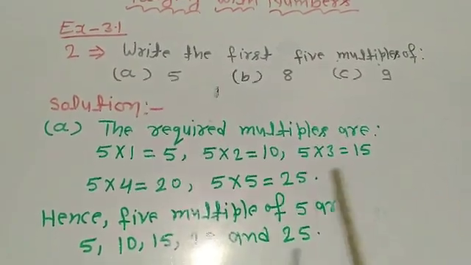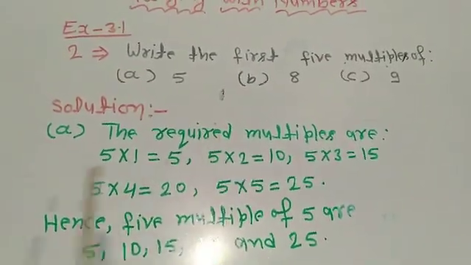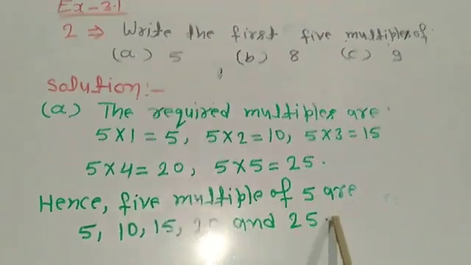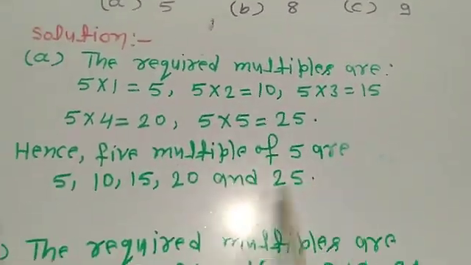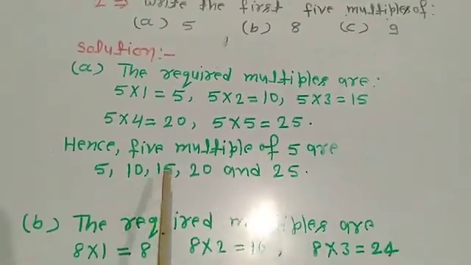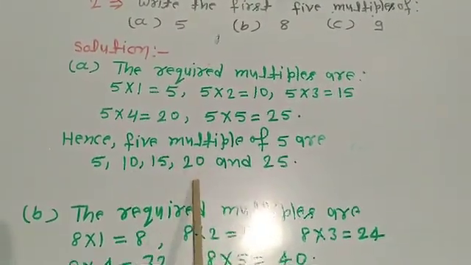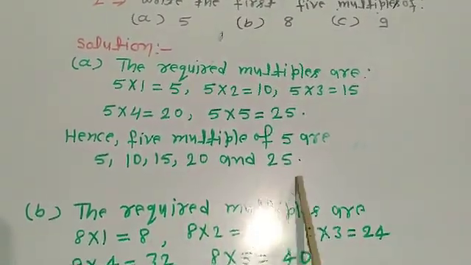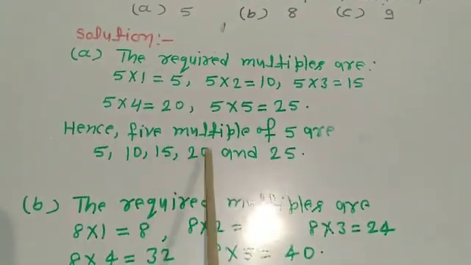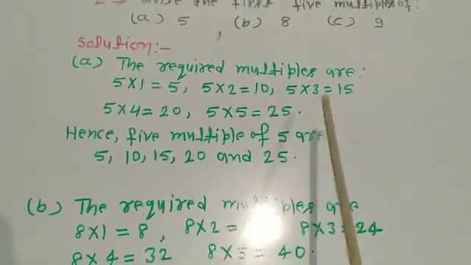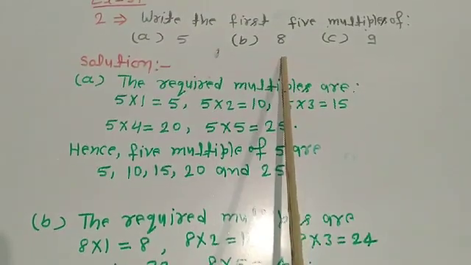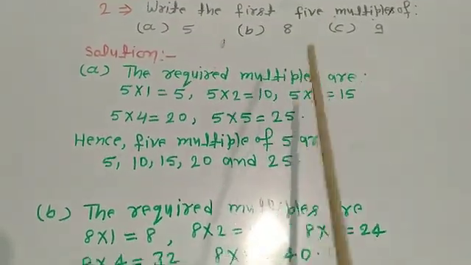Okay. So now the 5 multiples of 5 are 5, 10, 15, 20, 25. Okay. Now we write 5 multiples of 8.